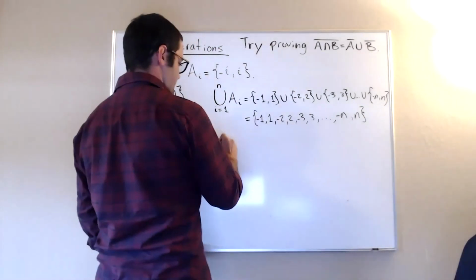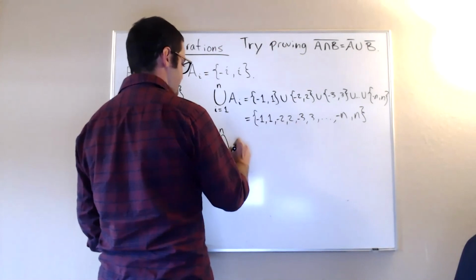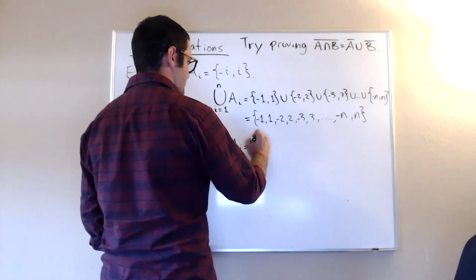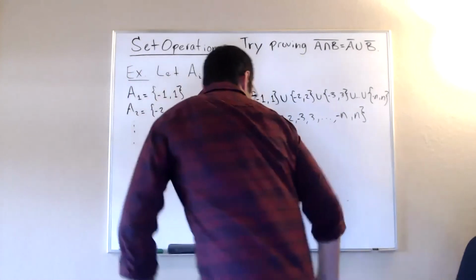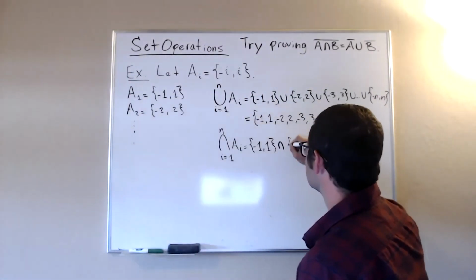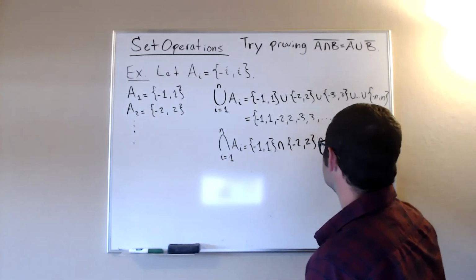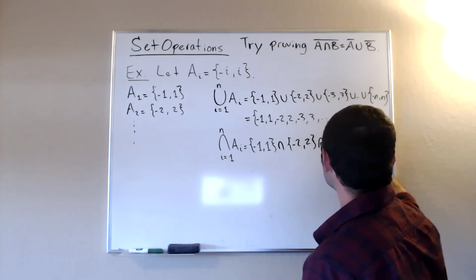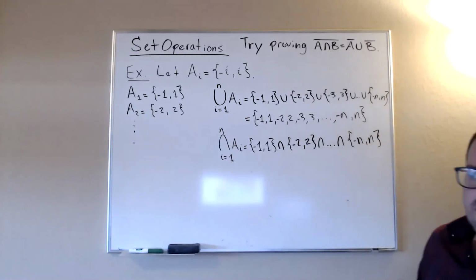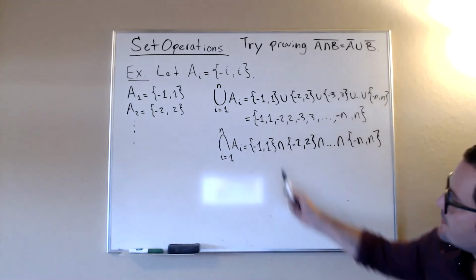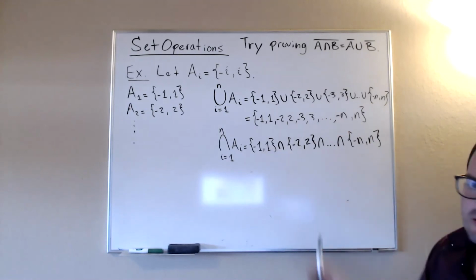The intersection here, however, of all of these sets, well, I'll write it out just to be clear. So it's that set intersect A sub 2 intersect dot dot dot all the way to the intersect of negative n and n. Okay. So here, does the first set, A sub 1, share any common elements with A sub 2?